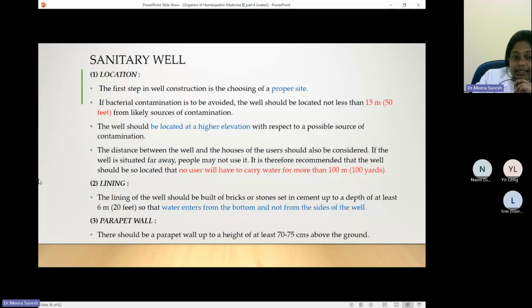The second criterion is the lining. The lining of the well should be built of bricks or stones set in cement up to a depth of at least 6 meters or 20 feet, so that the water enters from the bottom and not from the sides of the well. Make the lining deep and strong with cement, so that nothing can percolate from the sides, and water only enters from the bottom.